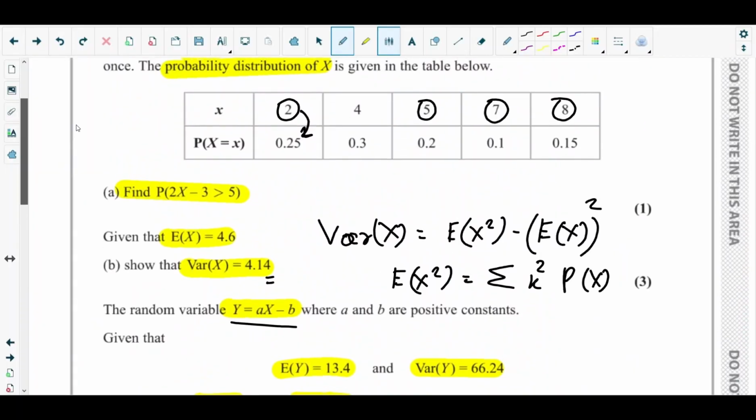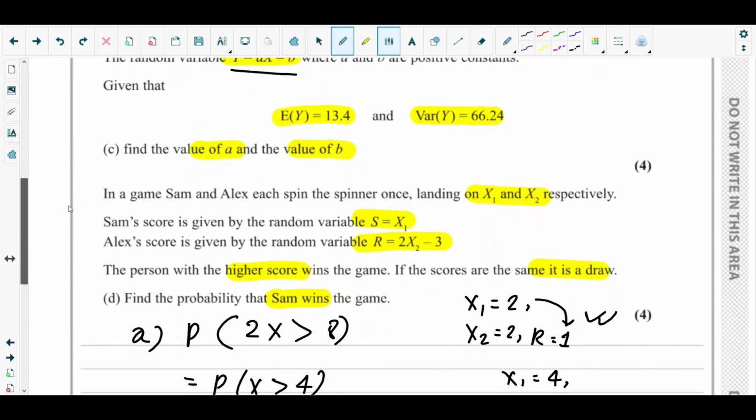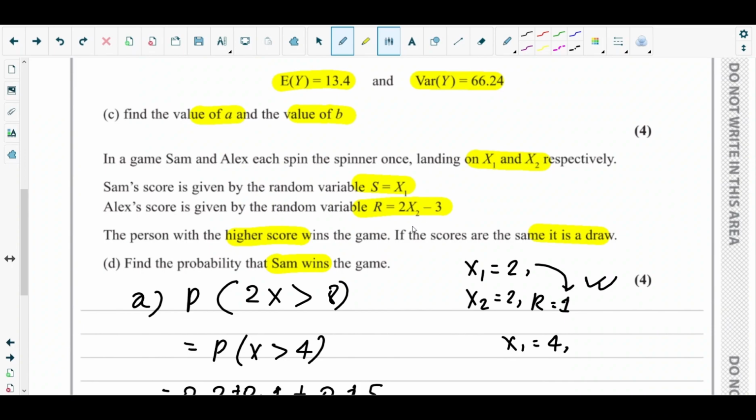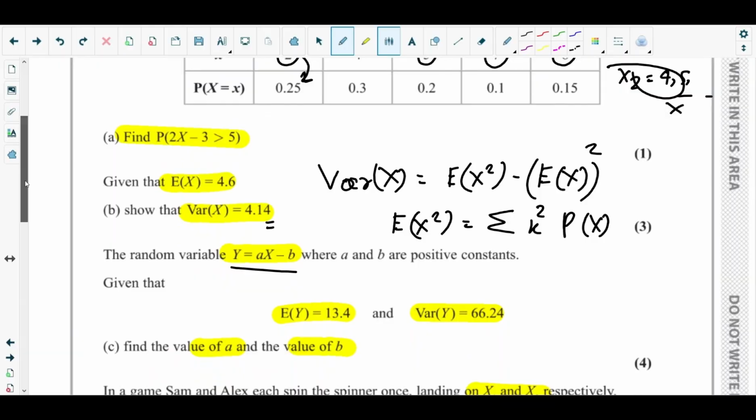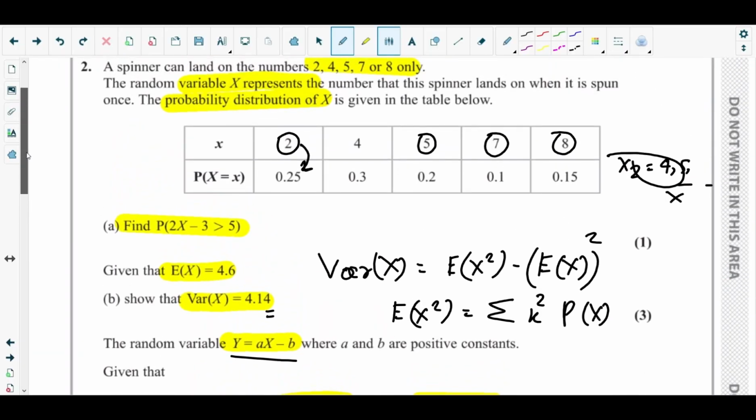If you consider x2 to be 4, then 4 times 2, that is 8, minus 3, that is 5. So it will get greater than 2. That's why let's ignore these values, like x2 equals 4, 5, and so on, because for these values of x, Sam will lose the game.